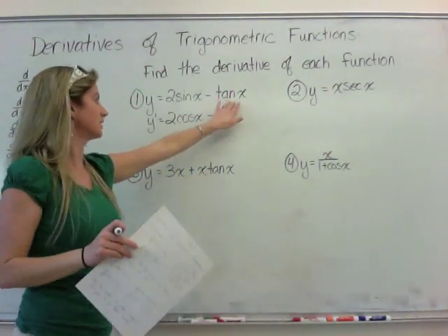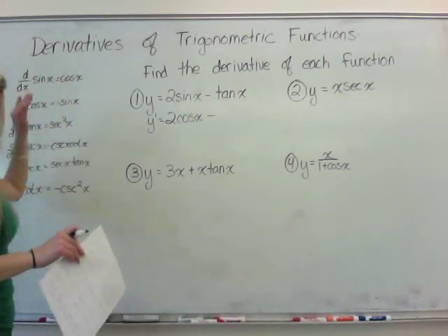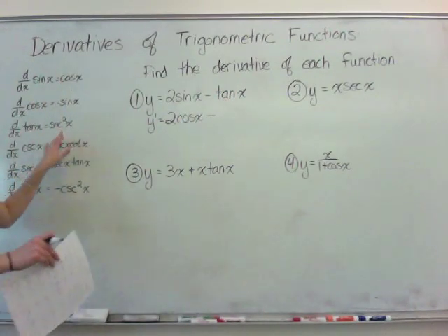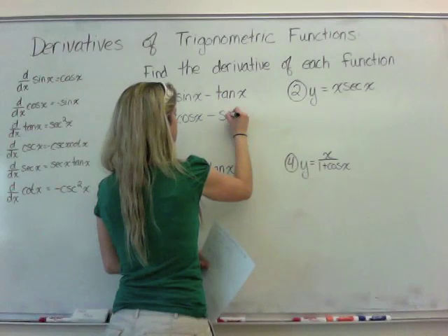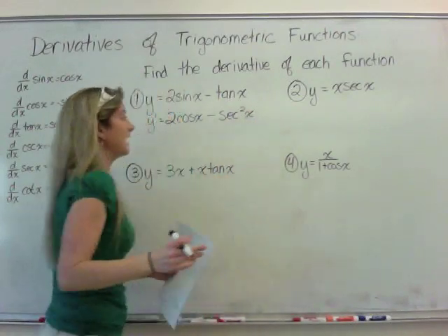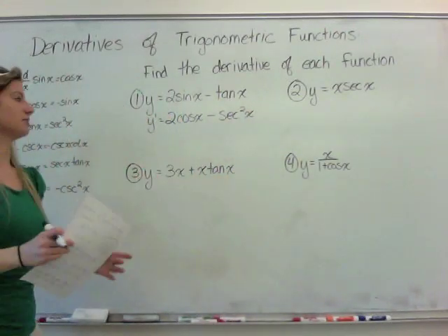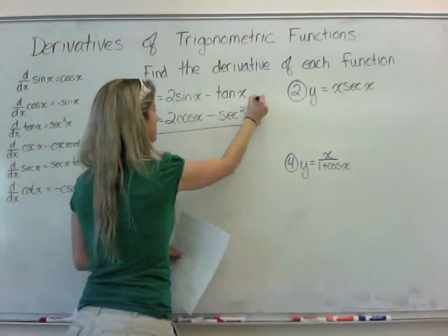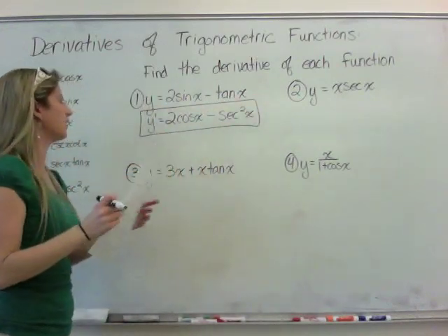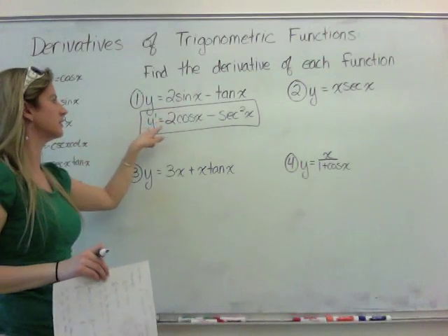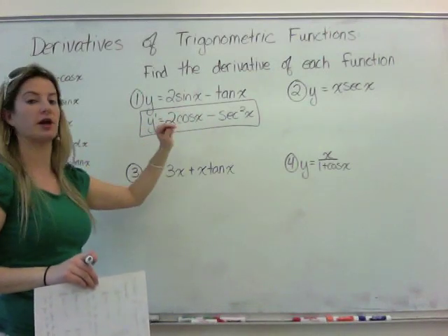Minus, and then what's the derivative of the tangent of x? That's secant squared x. And that's it. You're done. It was that straightforward. So the derivative of 2 sine x minus tan x is 2 cosine x minus secant squared x.